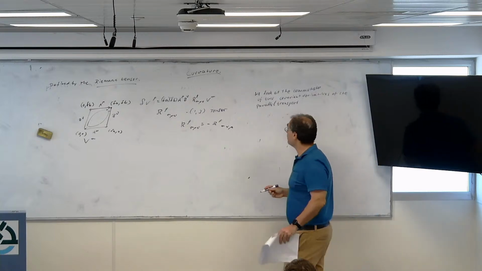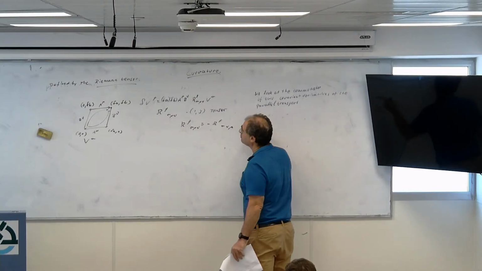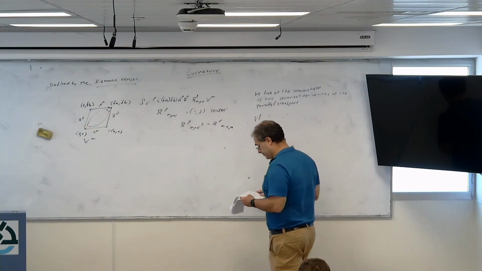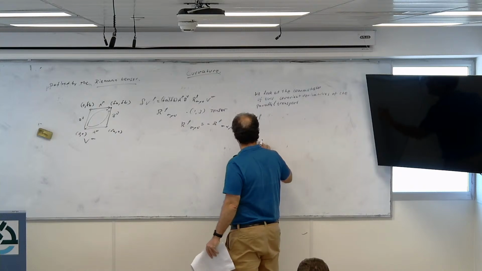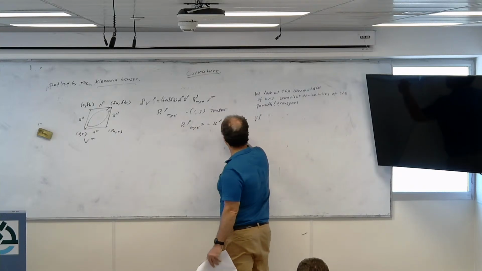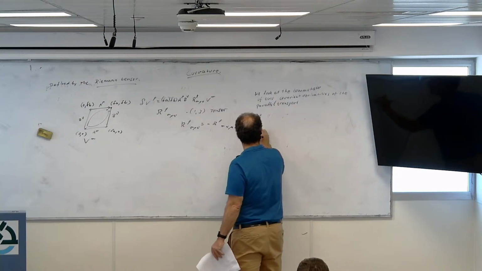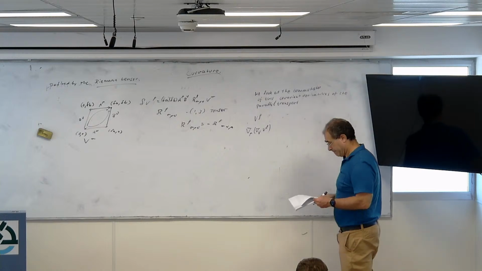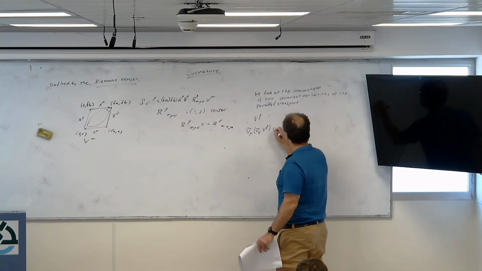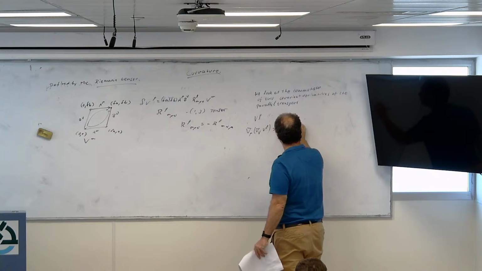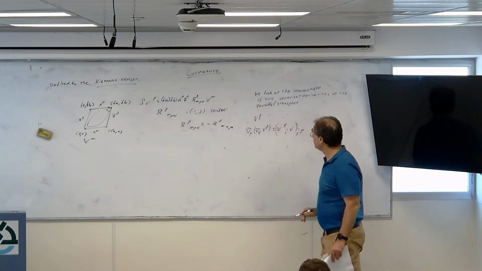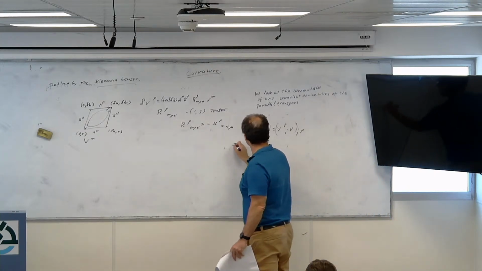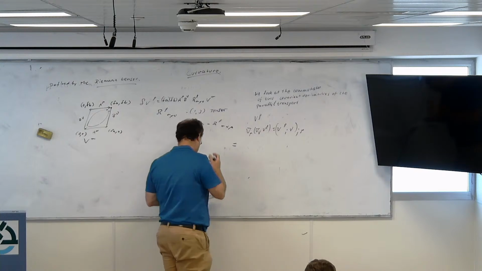Let's say we have a vector field V rho, and we look at the covariant derivative, nabla nu V rho. Here I need more space.